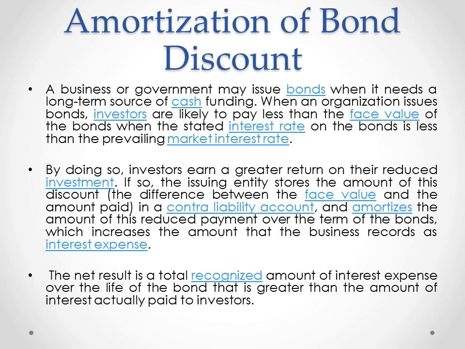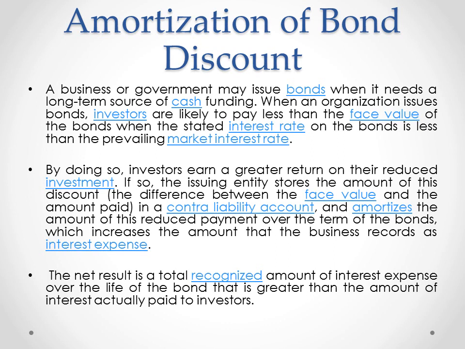So the company will amortize. Amortize means it will spread the amount of this discount on bonds payable over the lifetime of the bond, so each period it will increase the amount that it records as interest expense.